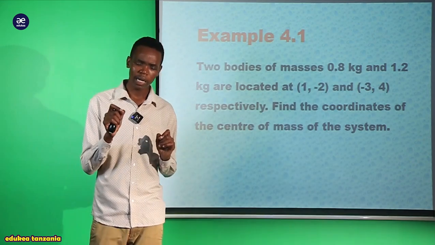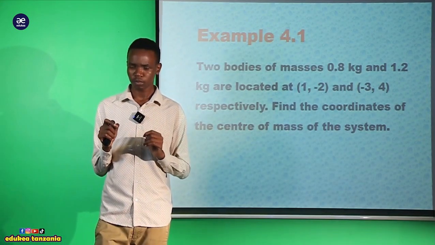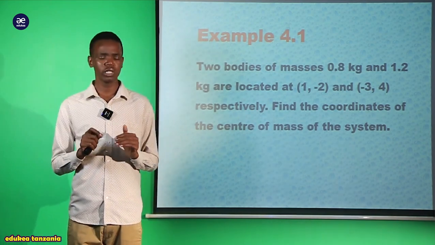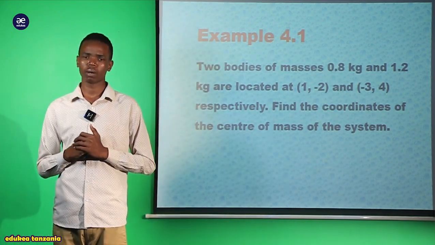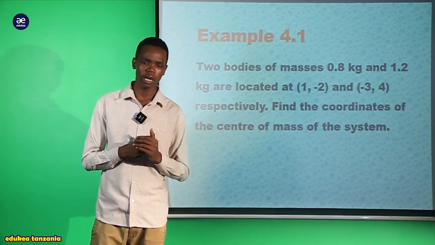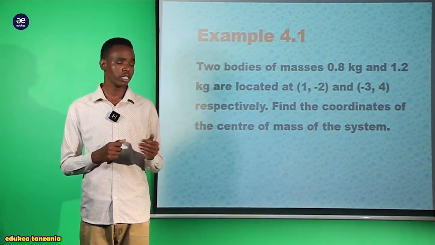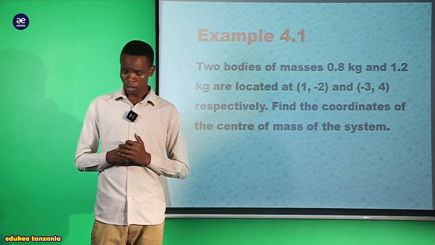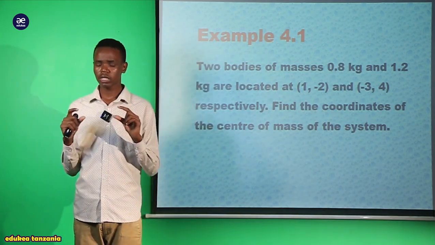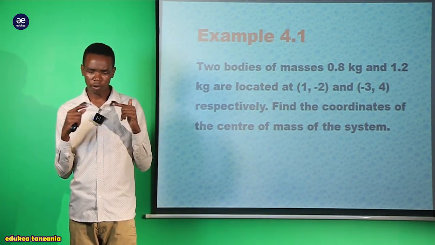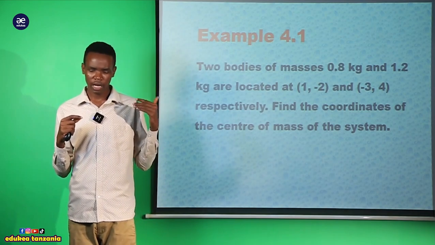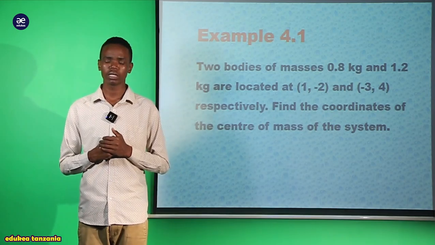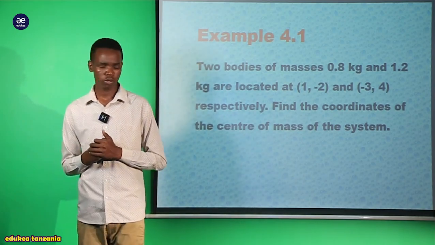While the second particle has a mass of 1.2 kilogram and its coordinate is (-3, 4). These particles are connected together, and they form the resultant, R CM. That is what we are going to see.